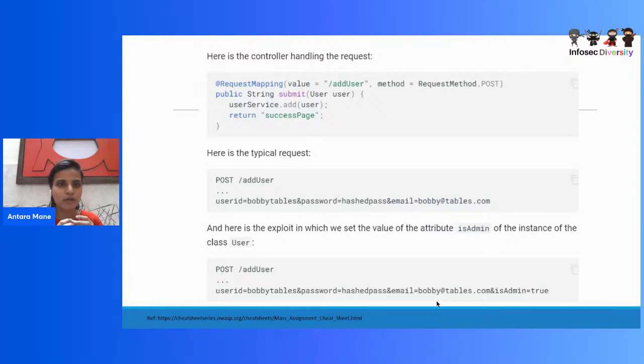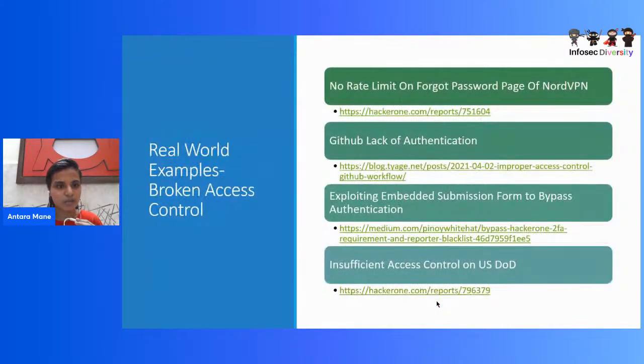Once admin access is gained, they can make changes on behalf of an admin, which is not authorized, or gain access to other sensitive resources they should not have access to. So this is basically what a mass assignment vulnerability is.